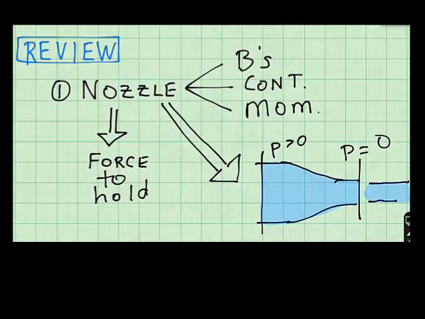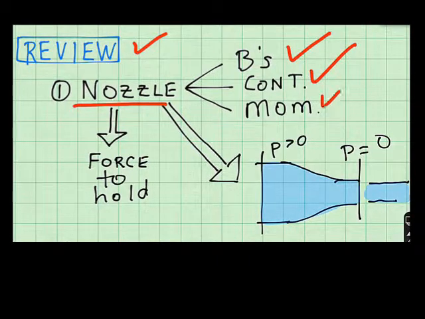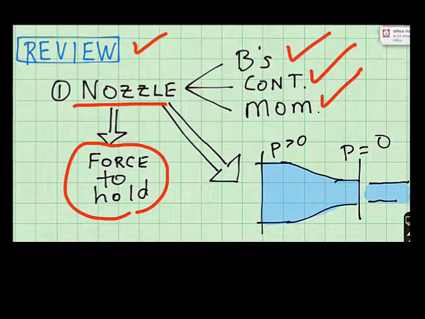In review, when you analyze a nozzle, nearly always we apply the Bernoulli equation, the continuity equation, and the momentum equation. And when I see a nozzle, I always think to myself, there's going to need to be an applied force to hold this nozzle stationary. I'm going to have to design a support.